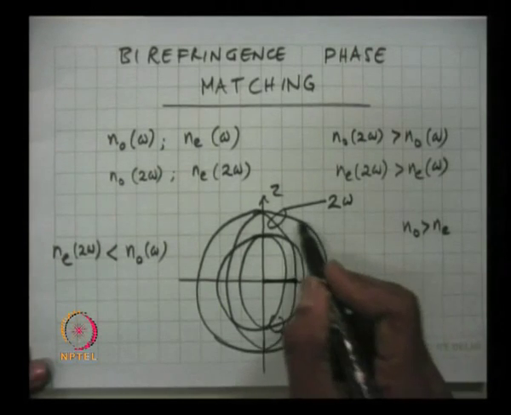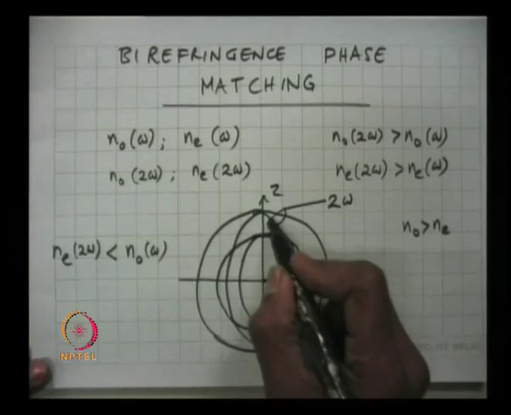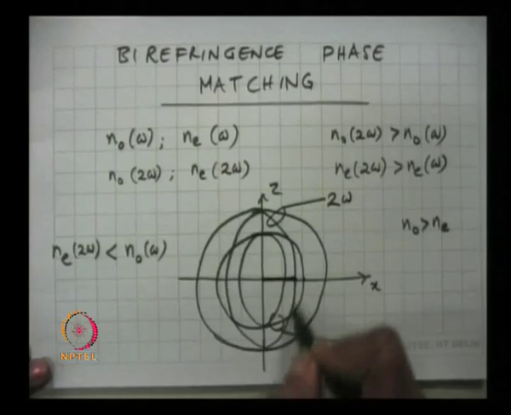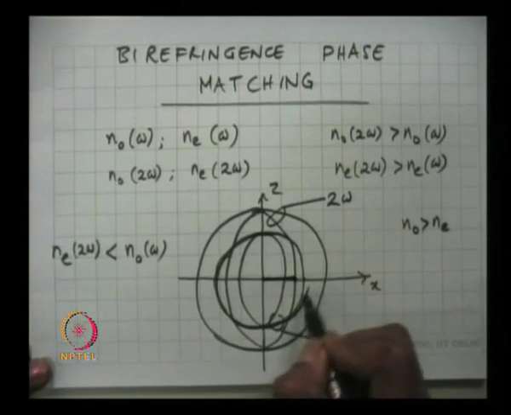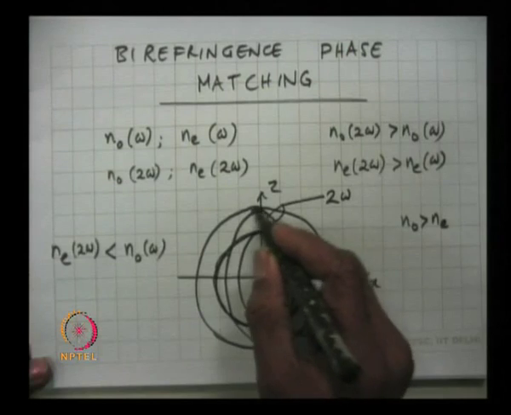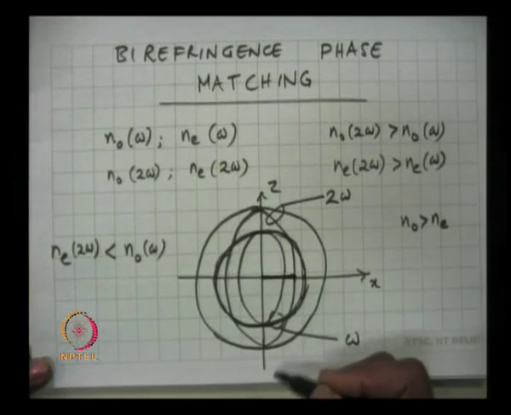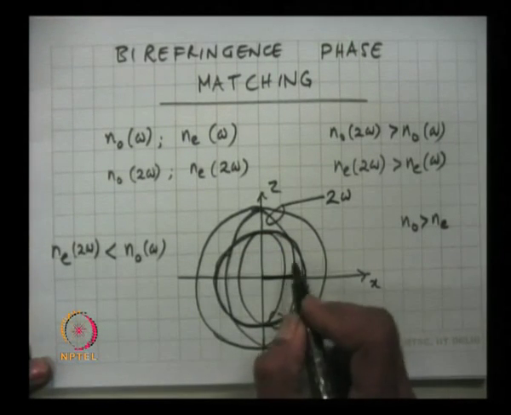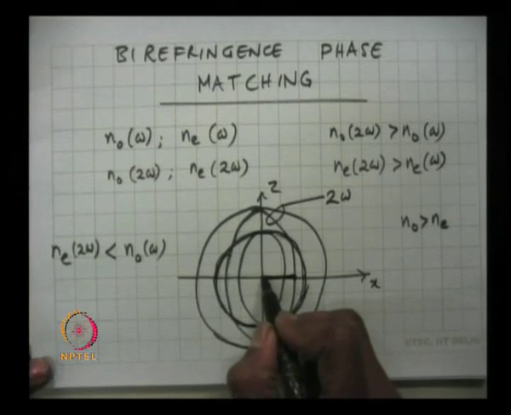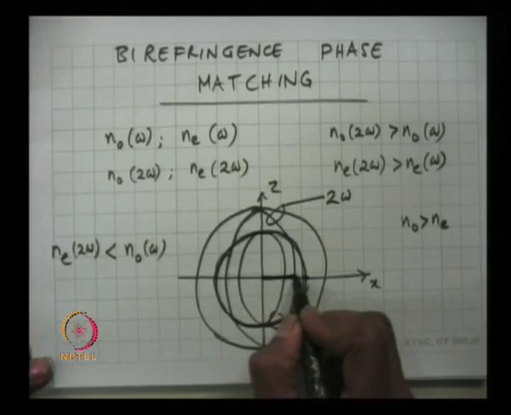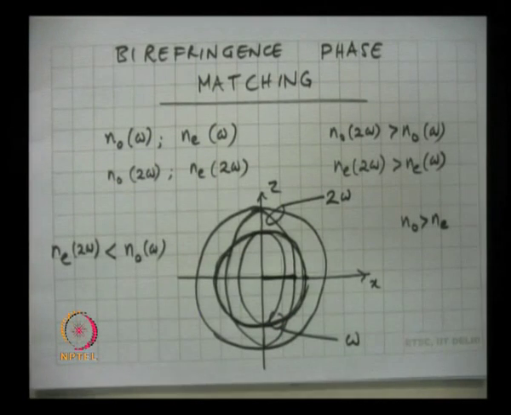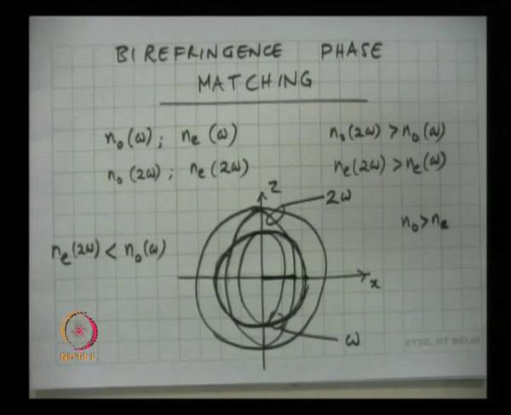NO of 2 omega is the circle here. NE of 2 omega is the ellipse. This is NO of omega. This circle is the NO of omega circle, and this ellipse is the NE of 2 omega ellipse. So this length corresponds to NE of 2 omega, this length corresponds to NO of omega, and NE of 2 omega should be less than NO of omega for this ellipse to intersect the circle.